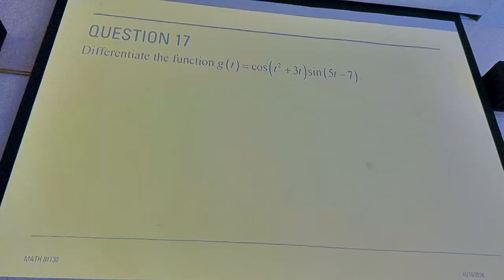We could rewrite this using the product to sum identity, which would then remove the need to use product rule.